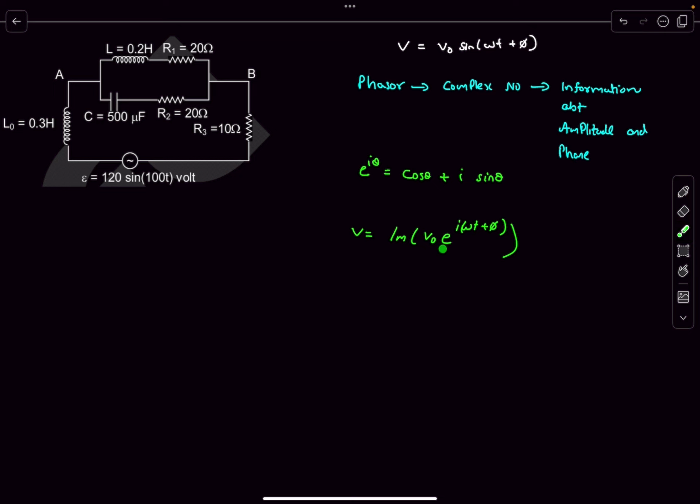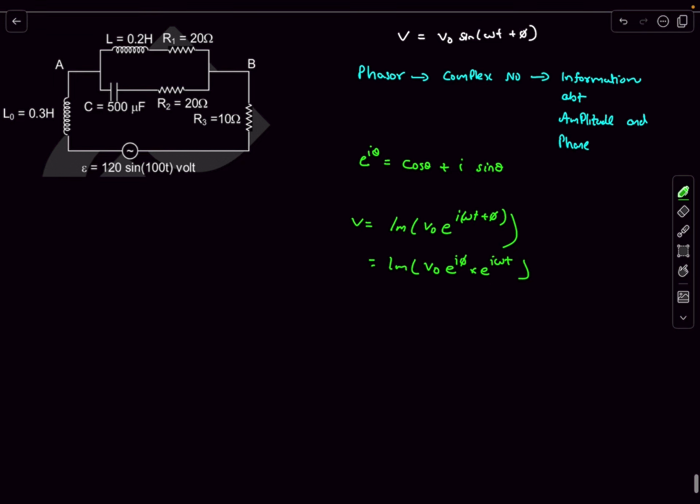As you can see, if you open up e to the power iota omega t plus phi and take its imaginary part, you will get sine of omega t plus phi. So these two expressions are actually identical. Now what I'm going to do is split the exponential into two factors, e to the power iota phi multiplied by e to the power iota omega t, using simple properties of exponents.